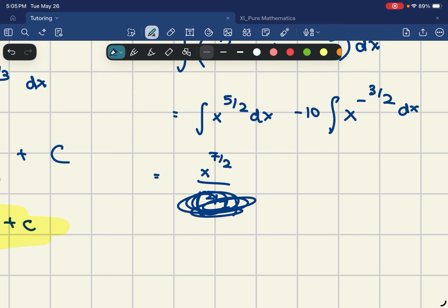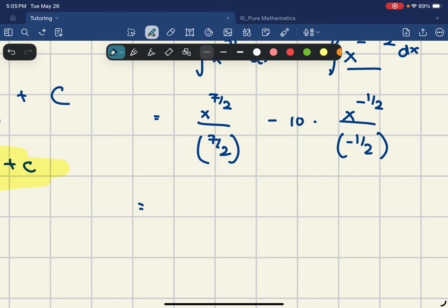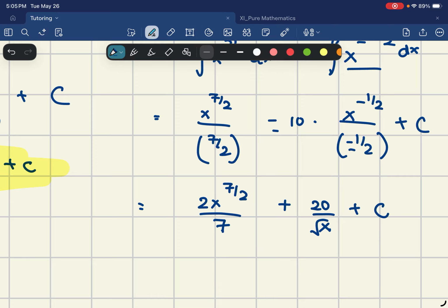And you divide by your new power, which is 7 over 2, not 2 over 7. Alright, minus 10. If you add 1 to your power, you will get minus 1 over 2, and you divide by your new power. And if you simplify everything, you should get 2 x to the power 7 over 2 divided by 7. Minus of minus, it will give you plus. And then you will get 20 over square root of x plus c. Do not forget your plus c. And that should be your answer to h.